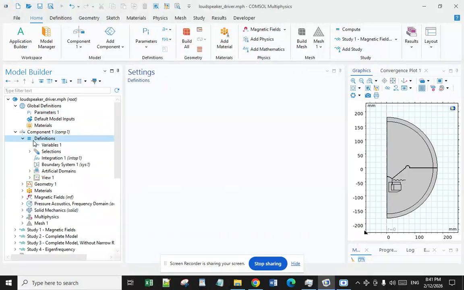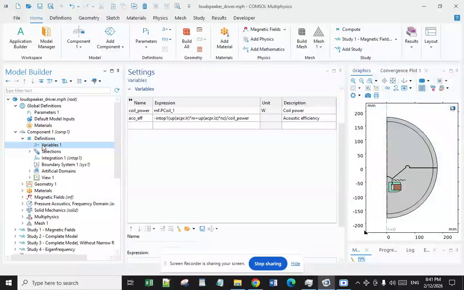And the next one is the variable definition section, and you see the expression and the formula that we want to calculate to compute coil power and also acoustic efficiency in our physics module.